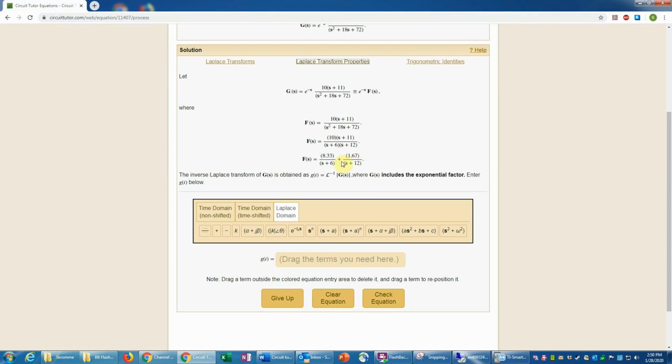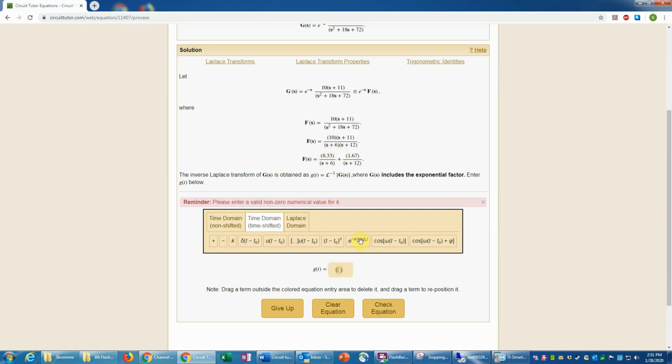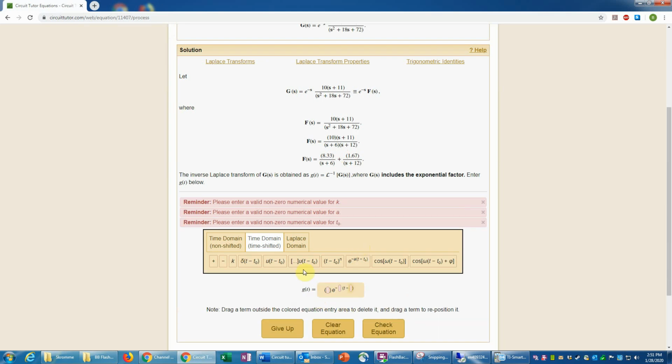Okay, so because I have the time shifting, I'm going to need to use time shifted terms in the time domain. So I'll use this palette of terms, which are all time shifted the way that we need them. And so for the first term, I'm going to need a constant times a time shifted exponential, which is this. And then remember that I also need the time shifted unit step function. Now this term is one where you could insert everything inside the brackets, so you could maybe put both terms in there if you like.